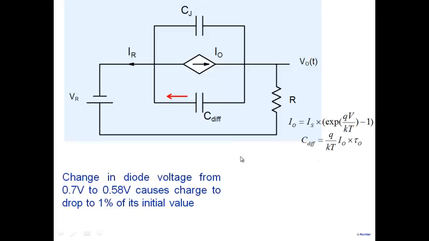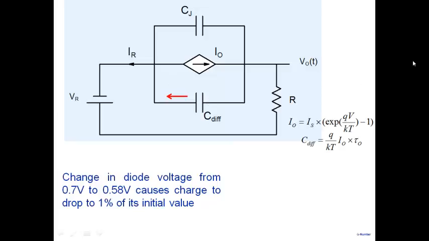Everybody can show that because Q diffusion is exponential in qV by kT. So you calculate how much is the charge at 0.7 volt, take it as 100%. How much will be the voltage at 1% charge? Calculate it, you'll find it is 0.58. So when the voltage across these two terminals goes from 0.7 to 0.58, my charge drops from 100% to 1%, which means it's almost like my diffusion capacitance is totally discharged.